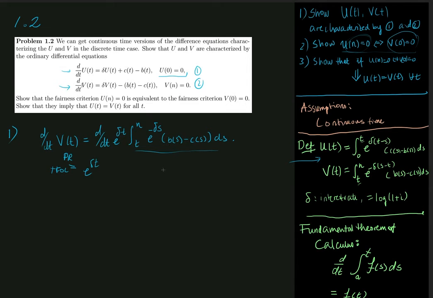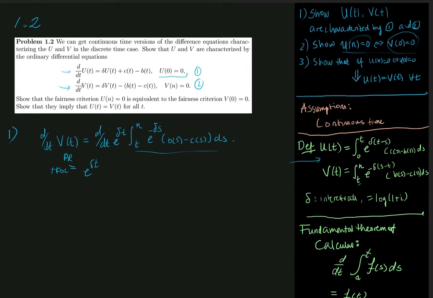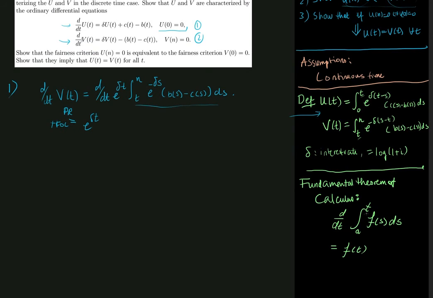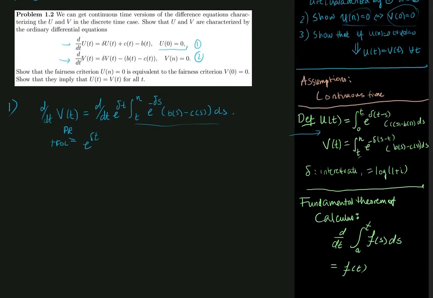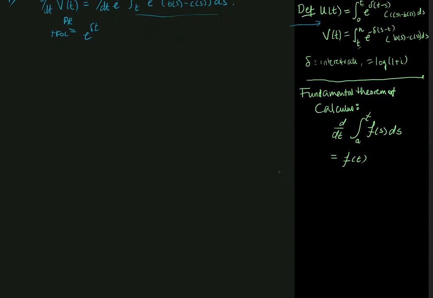Now, a funny thing happens here because the fundamental theorem of calculus needs the t to be in the upper bound here. And how do I do that? Well, there is an integral rule that says if I have an integral that goes from, for example, t to u, then that is equal to minus the same integral from u to t.